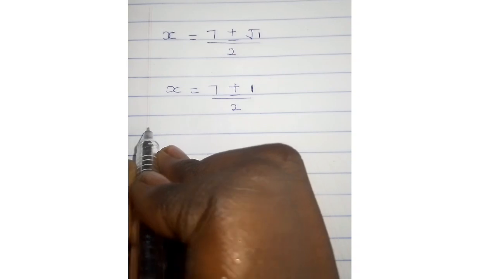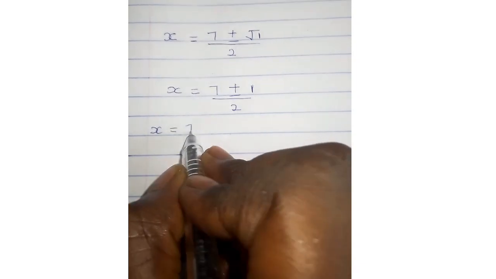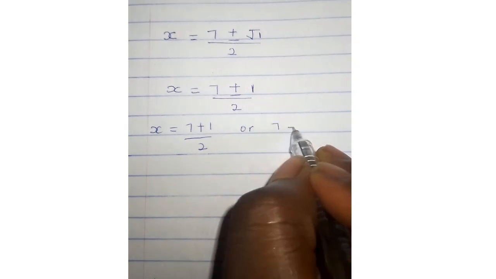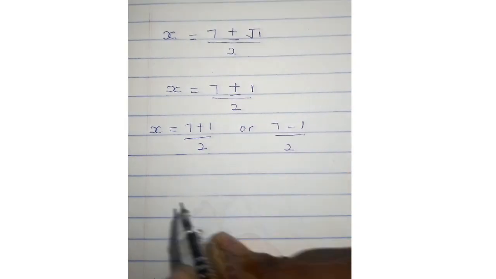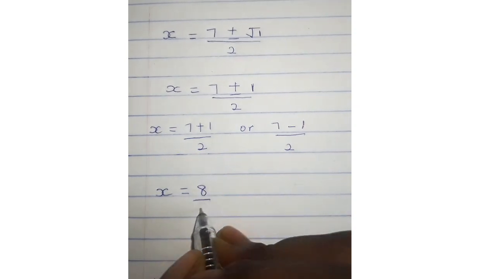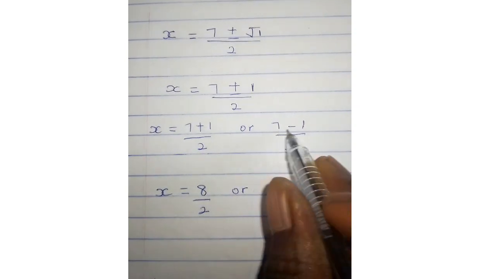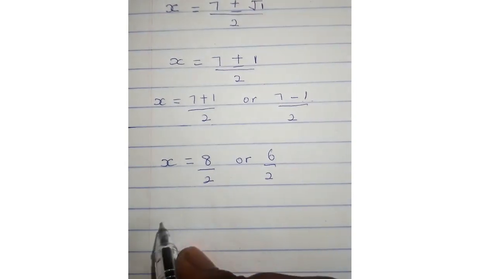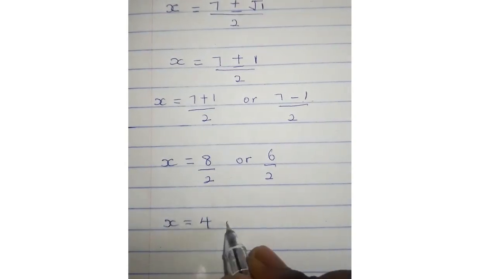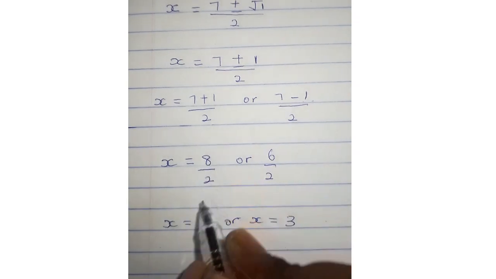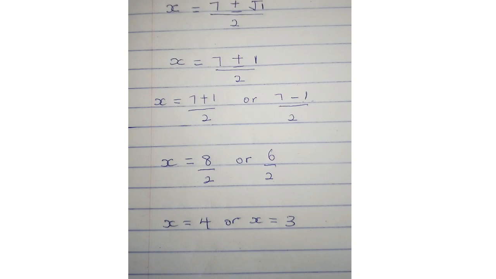So x can be written as 7 plus 1 all over 2, or 7 minus 1 all over 2. 7 plus 1 is 8, over 2, or 7 minus 1 is 6, over 2. Therefore x is equal to 4, or x is equal to 3, since 6 divided by 2 is 3 and 8 divided by 2 is 4. This is how you use the general formula or the quadratic formula to solve.